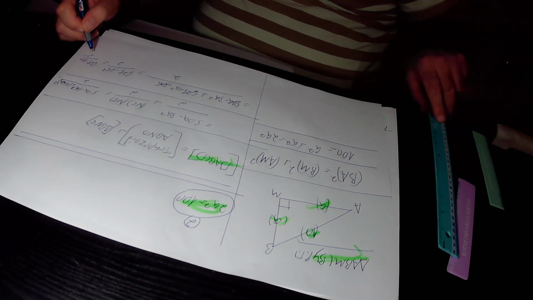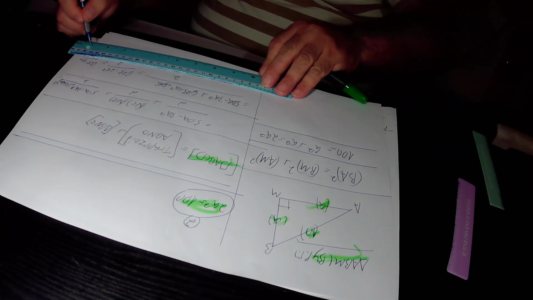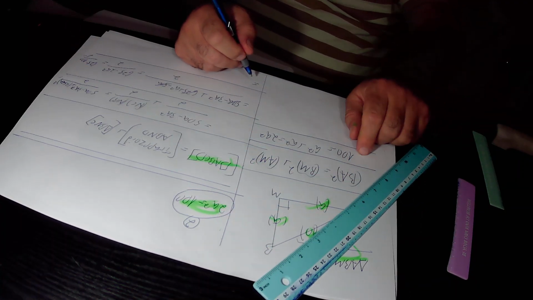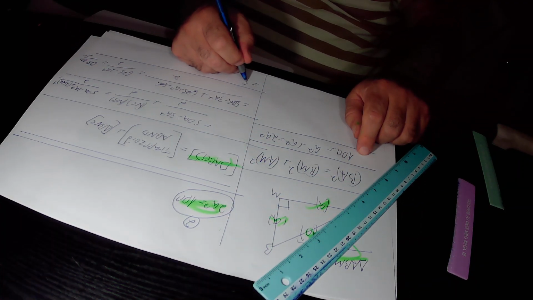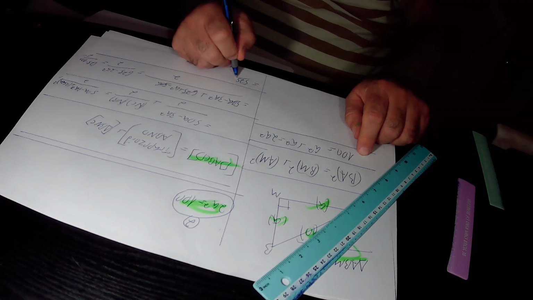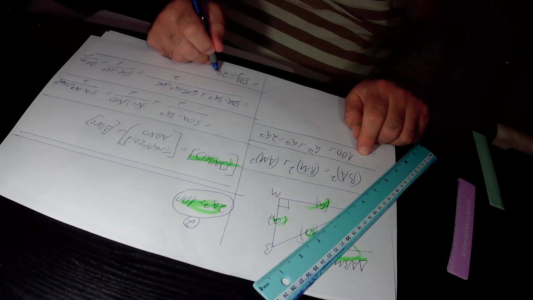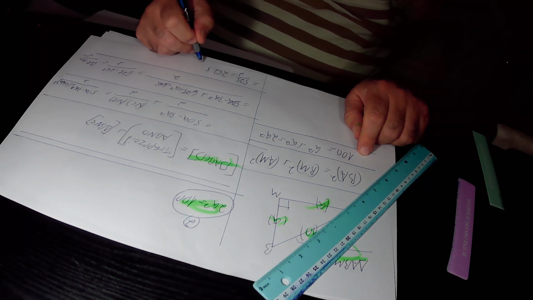So in total, the area of quadrilateral ABCD equals 625 minus 100, which is 525, over 2. 525 over 2 is 262.5 square units in size.